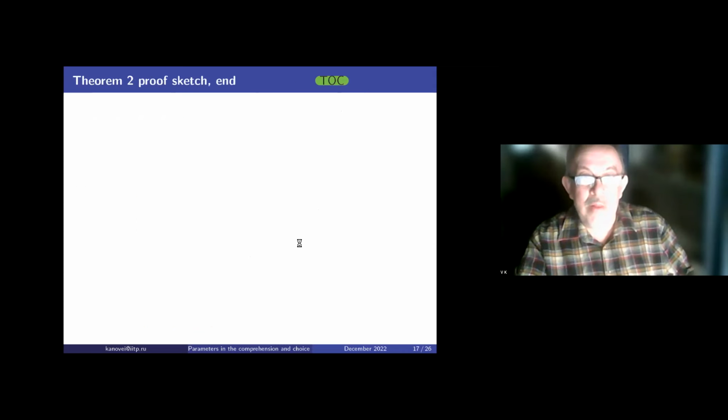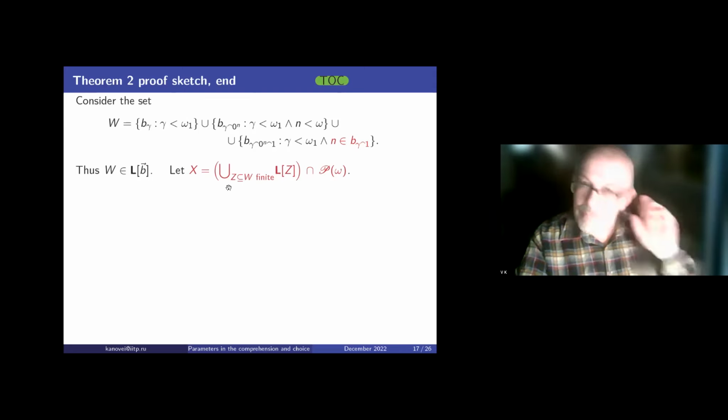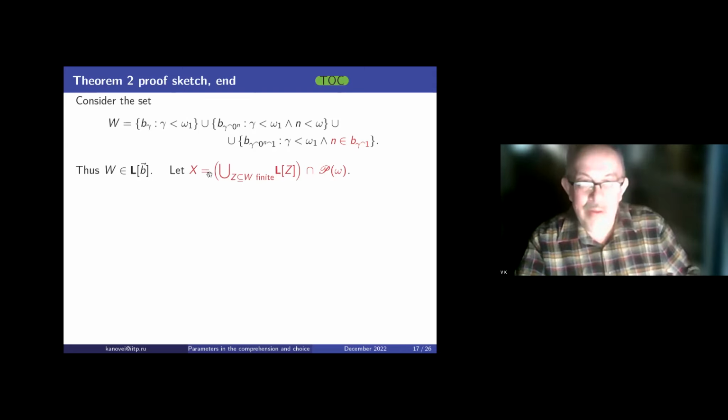Okay, to conclude, I just reproduce once again the collection of all these reals which we include into the model. Then X is a Gödel closure of W with finite support.